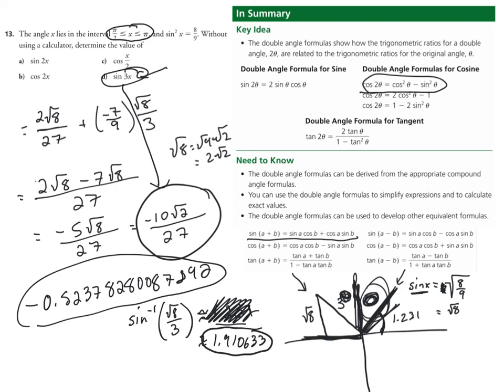I'm going to multiply that by 27. If these are equal, then when I multiply by 27, I should get negative 10 times root 2. Okay, and then I'm going to divide by root 2, and I should get negative 10. So divided by root 2, and I get negative 10. Yay, so that really is the correct answer.